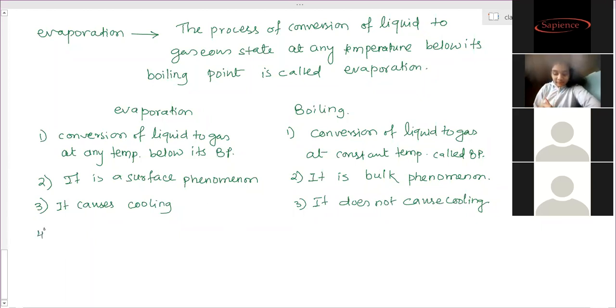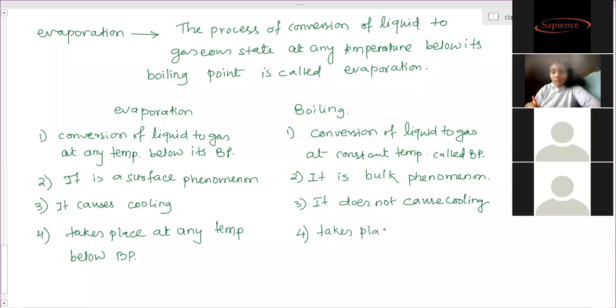Then fourth point, takes place at any temperature below boiling point. You can make the fourth statement because fourth statement is not there.